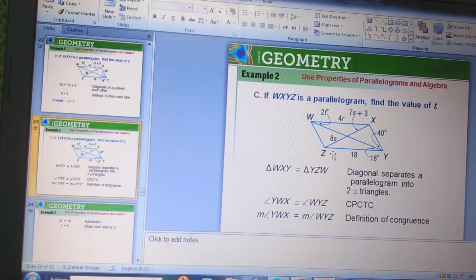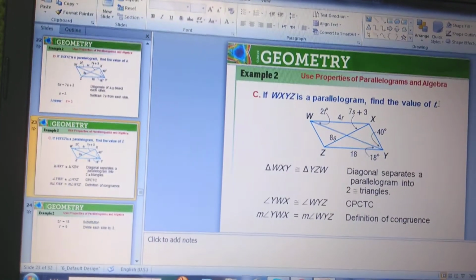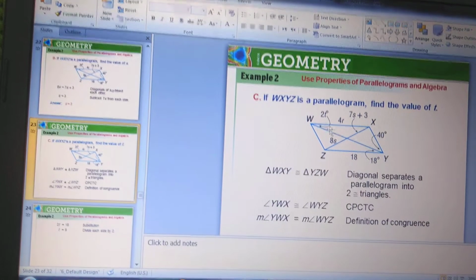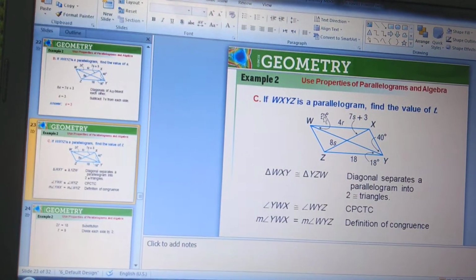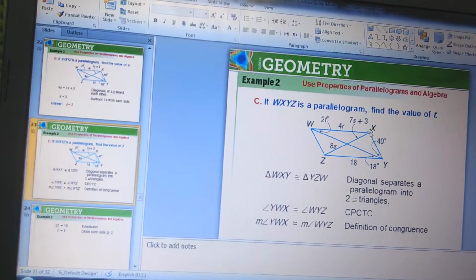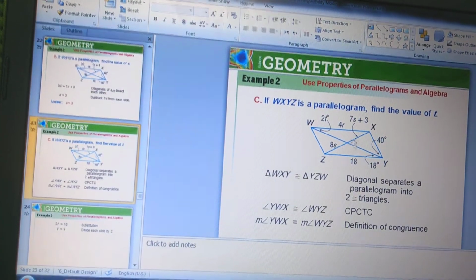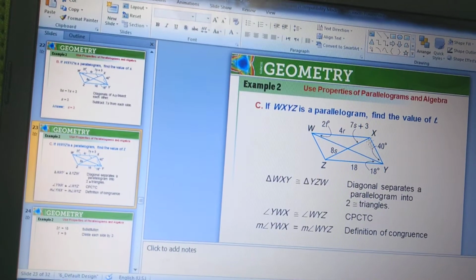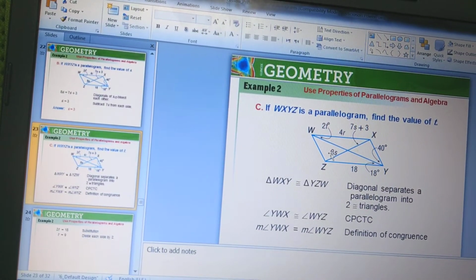Same figure. He wants me to find the value of T. T is here. You see, we said that diagonals cut or divide the parallelogram into two congruent triangles.